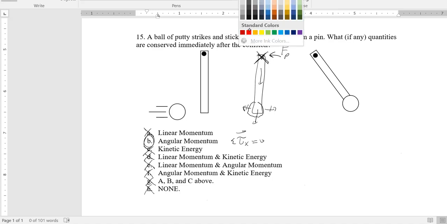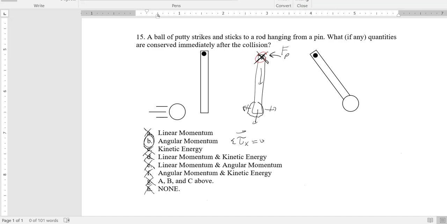Well, yes, there is: the pin. The putty hitting the rod and the rod hitting the putty cancel, so the net force of those two on the system is zero. The weight of the putty, the weight of the rod, and the pin force all act through this axis, so none of them cause torque about that axis. So the angular momentum about the pin, and only about the pin, is conserved.